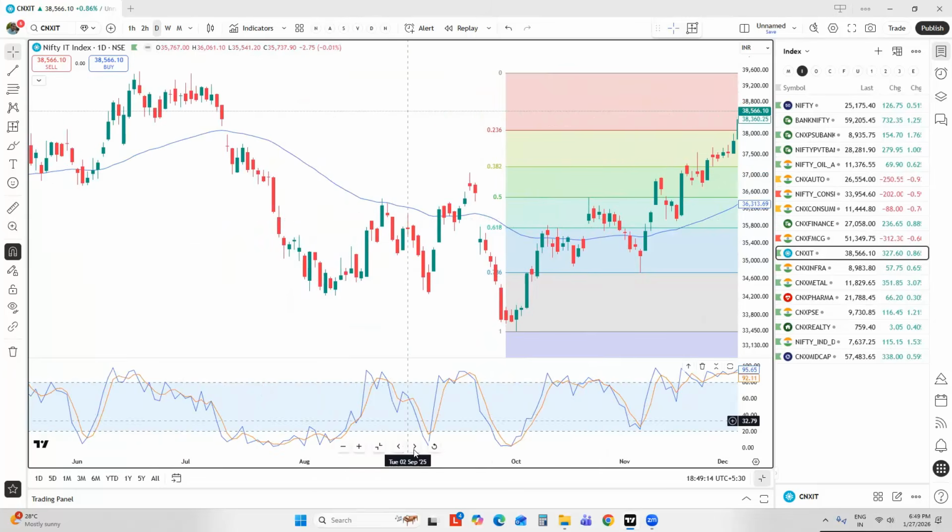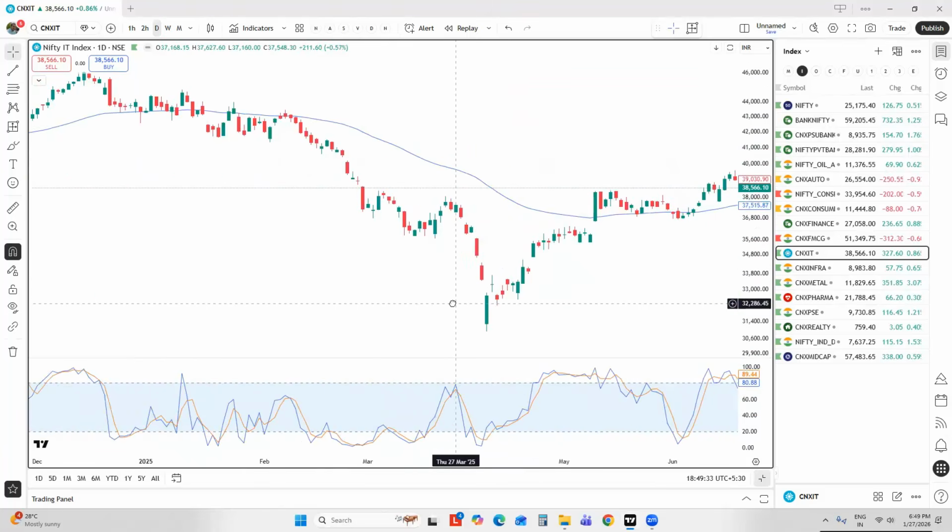See over here, IT pack was in a downtrend. We did pull back temporarily, and stochastics was in an overbought zone, and then we got a signal that maybe the IT pack will move down, and this was a short-term down move, very short-term, just a few days. See this one, very, very useful information.